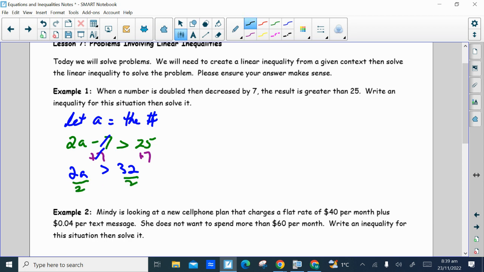So therefore the inequality will not reverse. And we'll get a is greater than 16. So any number greater than 16 should work. If you double it and decrease by 7, it should be a result greater than 25. And so we will check that.